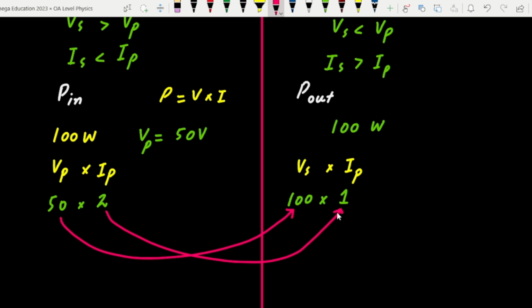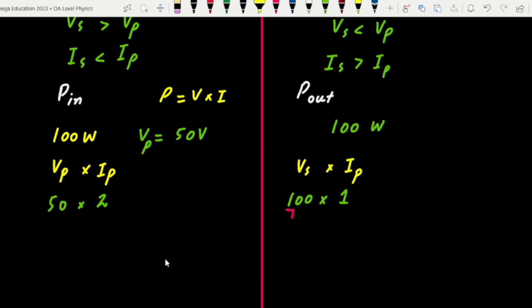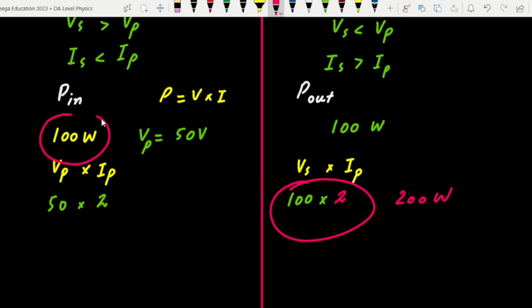If you're increasing both of them, let's say you say no, the current is not 1 ampere, the current is 2 amperes. Now what would be the power? It would be 200 watts. Now how is this possible that the input power was 100 and the output power is 200? It's not an amplifier.